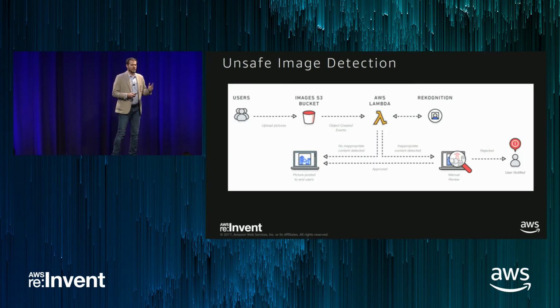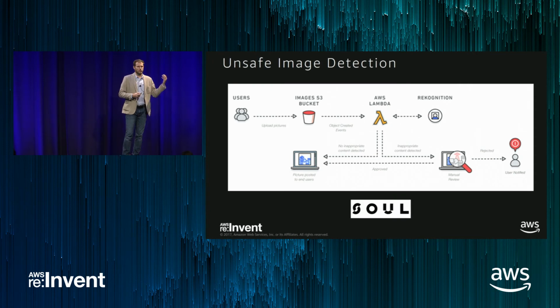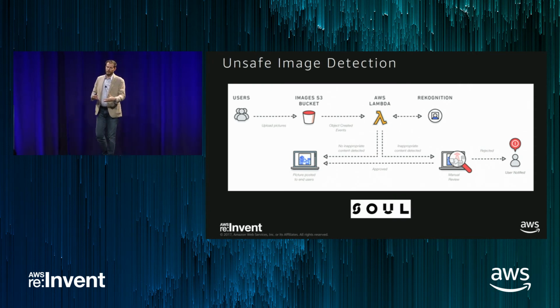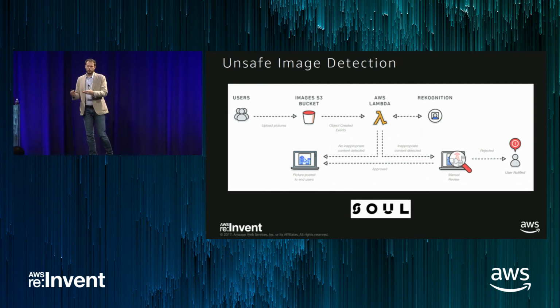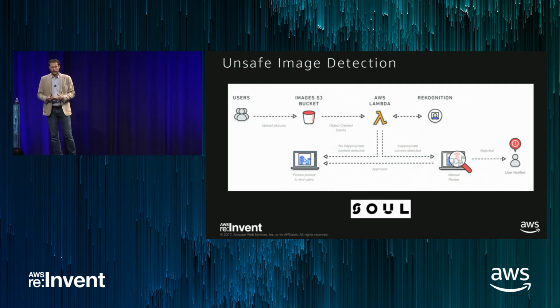So the use cases that we see our customers applying unsafe image detection to are, if you think about, for example, dating apps. For example, Soul's platform, which actually enables dating apps to be built via a cloud-based customizable platform.